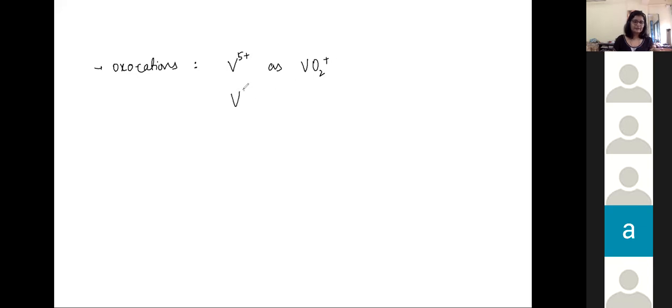And again, you have V in 4+; as an oxocation, this exists as VO2+. And then you've got titanium 4+, which exists as the oxocation TiO2+. These are some of the oxocations formed by the D block elements.